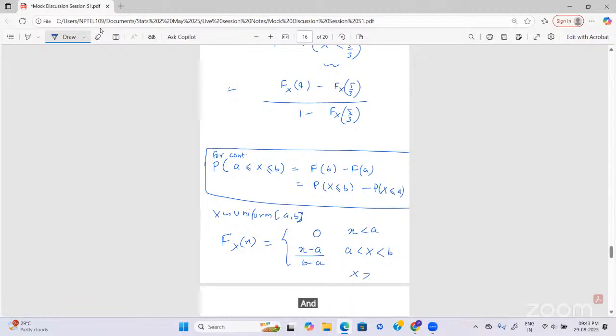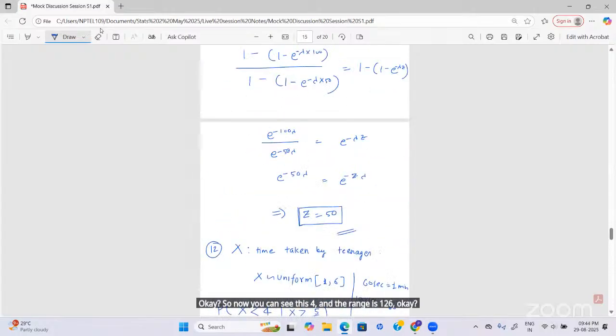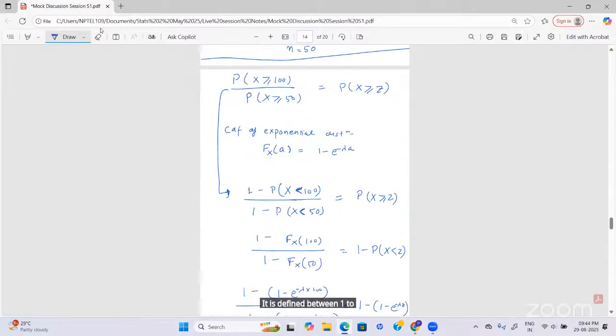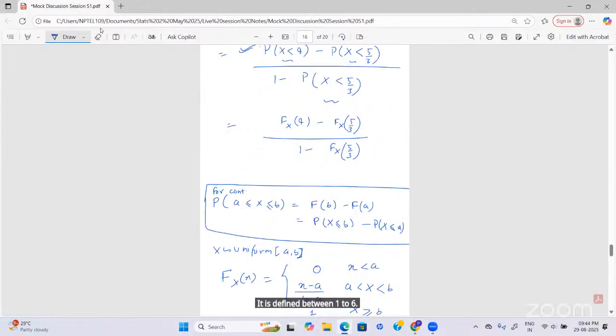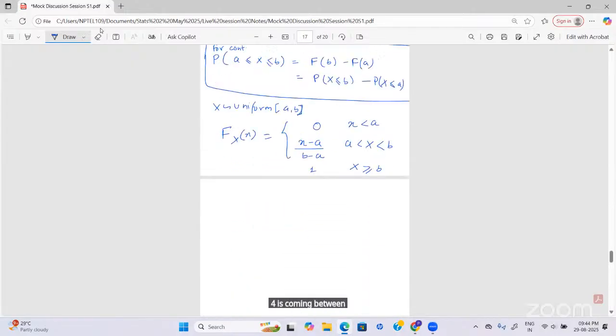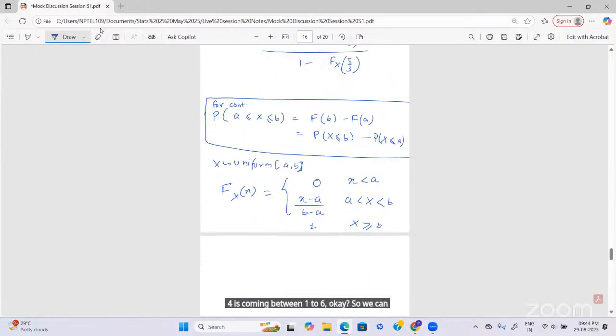And if X is greater than or equal to B, it will be 1. Now you can see this 4, and the range is 1 to 6. It is defined between 1 and 6. 4 is coming between 1 and 6, so we can put the value.